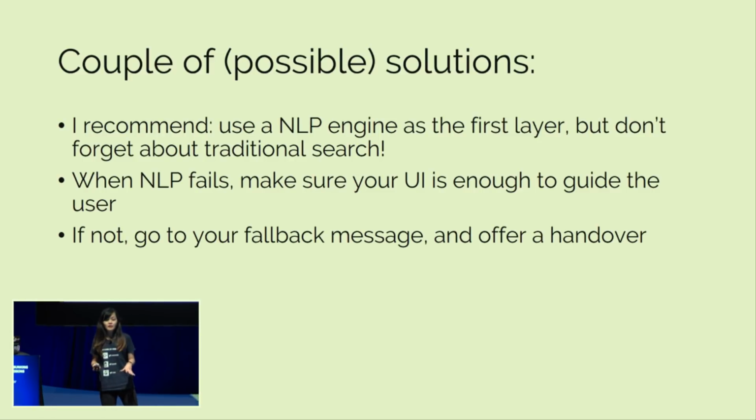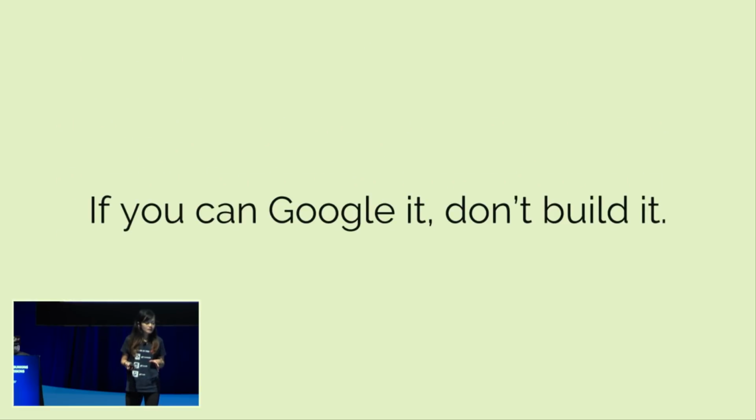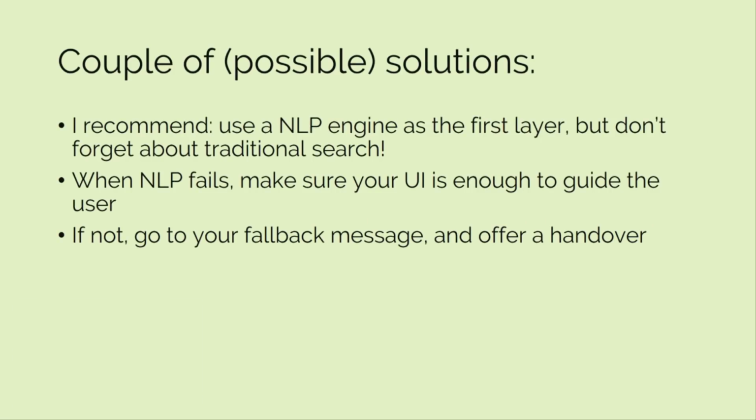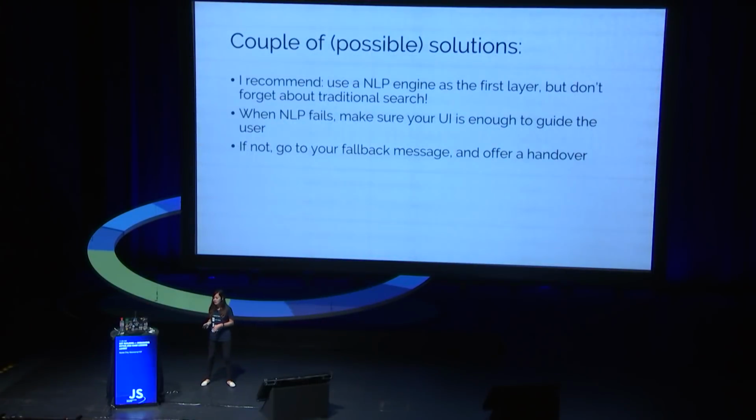And secondly, when NLP fails, just make sure your user can actually navigate some buttons to maybe get to the answer that they want, okay? So UI is another fallback. And, sorry, if everything else fails, go to your fallback message, be like, okay, I'm still dumb, I can't handle this. And then offer an email handover. Do you want to send an email to someone? Or a live chat handover if you have one.